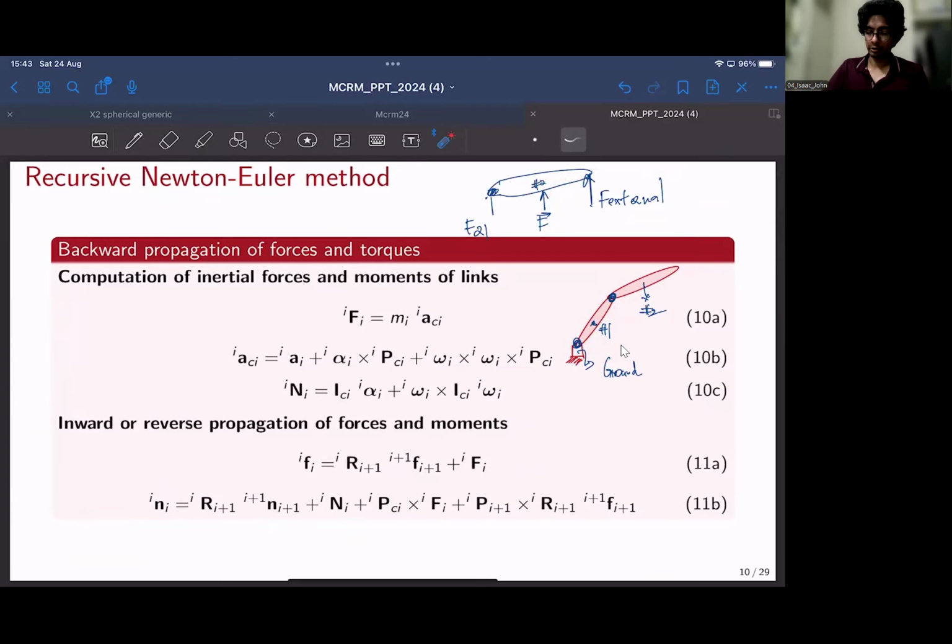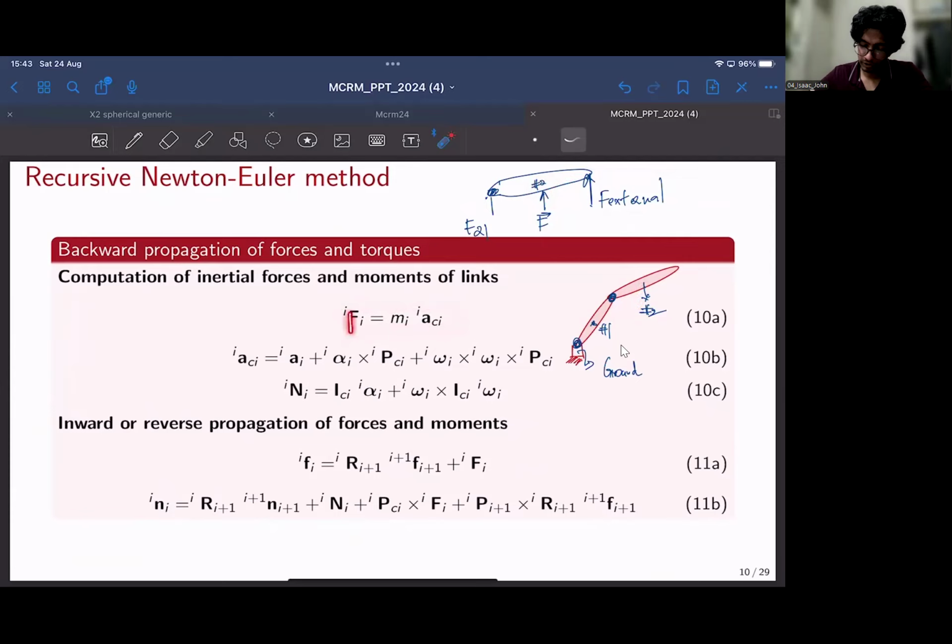So to proceed with the backward propagation, we need to define a few terms beforehand because these external forces will be given as per this application. Another thing that we need to consider is the inertial forces, the forces arising due to the physical features of the link as well as its motion.